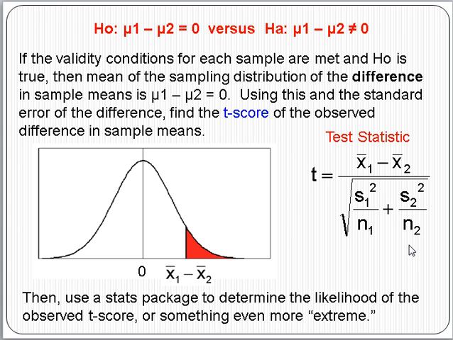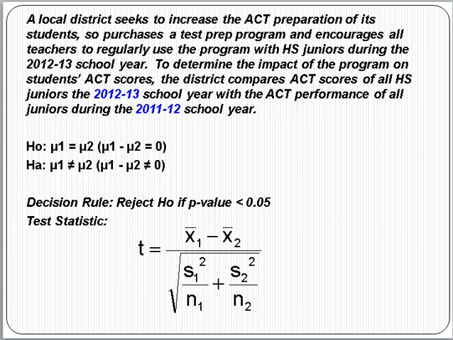That gives us essentially a z-score, if you will. Then we use a stats package to determine the likelihood of observing this difference in sample means. In general, for any hypothesis, if the null hypothesis is true, the question is how likely is that observed sample data?